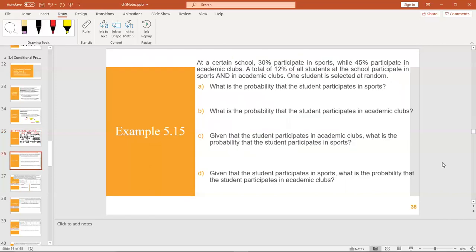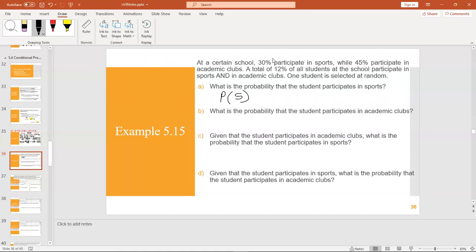In a school, we've got 30% in sports, 45% in clubs, 12% are in both. And so then we select a student at random. What's the probability that they are in sports? Well, the probability of sports, they go ahead and tell us that.